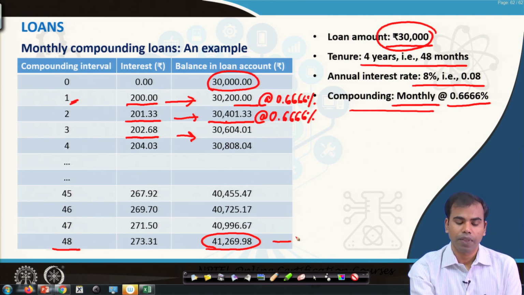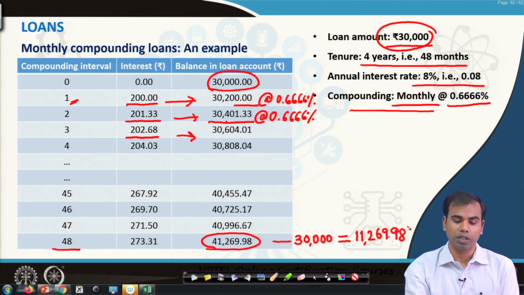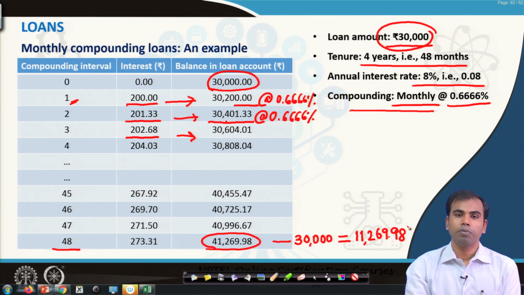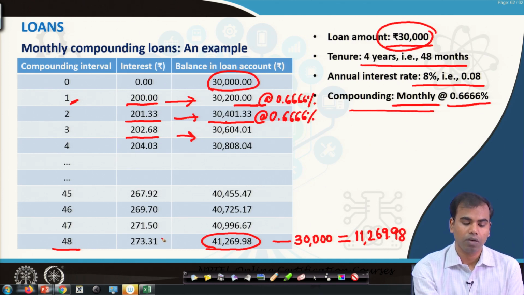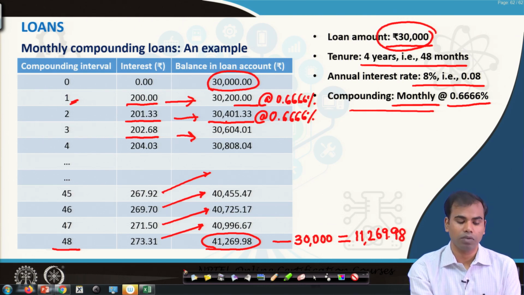So, essentially, if you subtract the loan amount that you have taken, the amount of interest that you are paying is 11,269.98 in terms of compounded interest. So, this is a simple example of how loan interest is charged on the balance of the previous period, and this is calculated at the periodicity at which it is compounded.